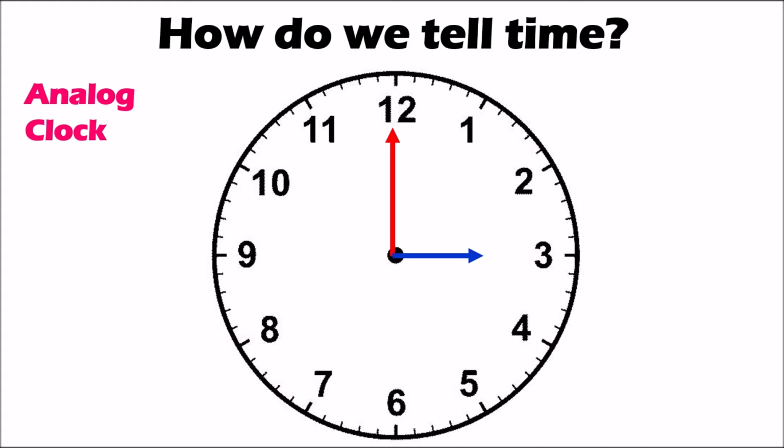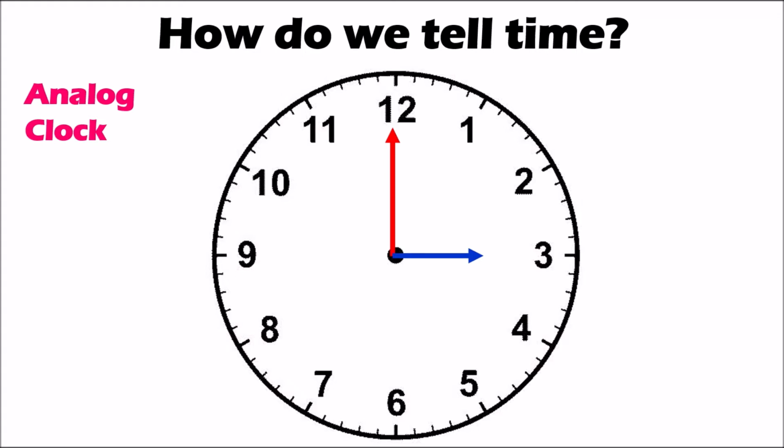Now can you tell me, how many hands does this clock have? That's right, there are 2 hands. Now you may notice there is a third hand on your clock at home, but we're not going to be learning about that one just yet.